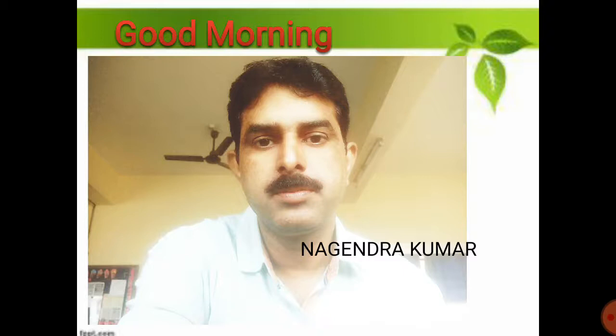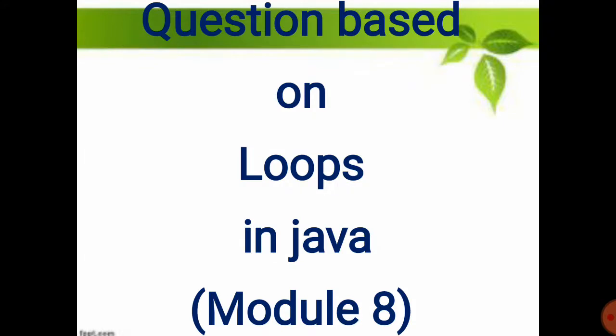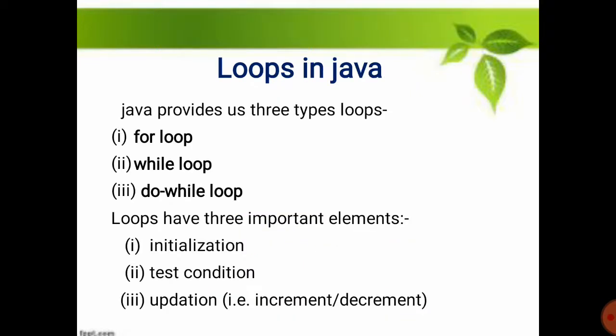In the last two videos, I had discussed loops and nested loops in Java. In this video, I am going to discuss some questions based on loops in Java. First, we know that Java provides us three types of loops: for loop, while loop, and do while loop.